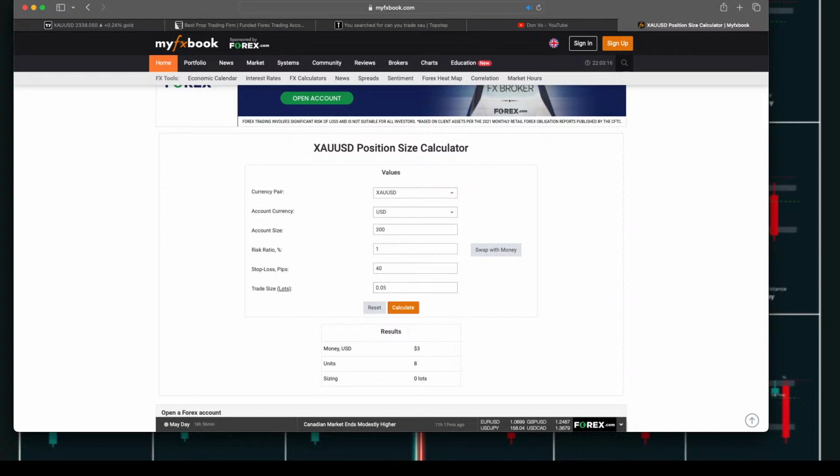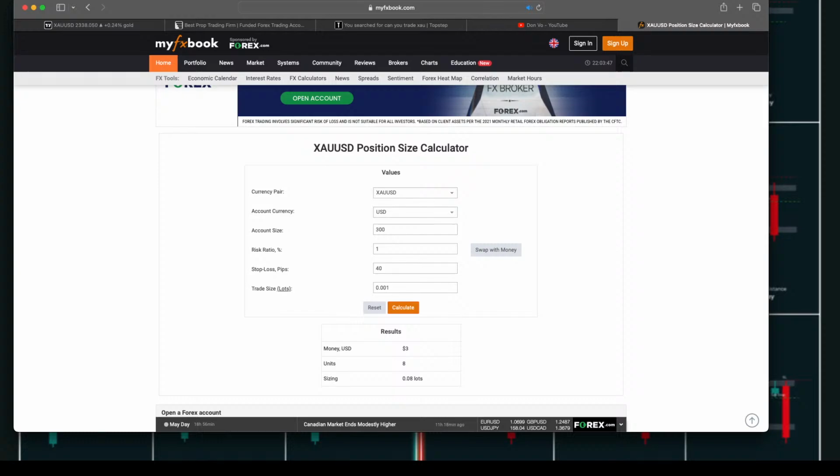Let's see, 0.5. I don't know. It says lot size right here. It says toggle between lots and units. One lot is 100,000 units. So obviously 0.001 would be like, I don't know. I guess I gotta figure that out too.